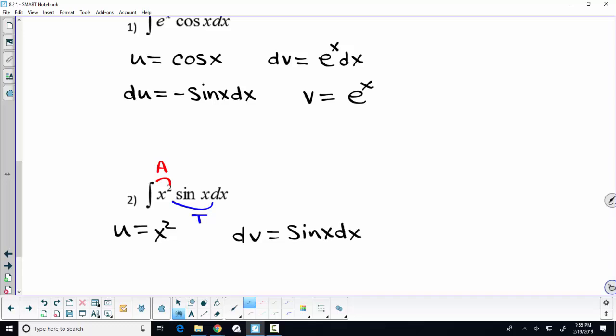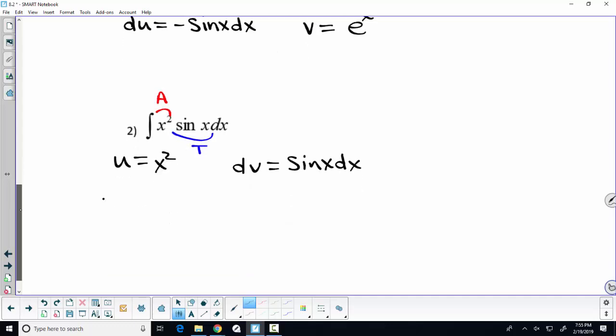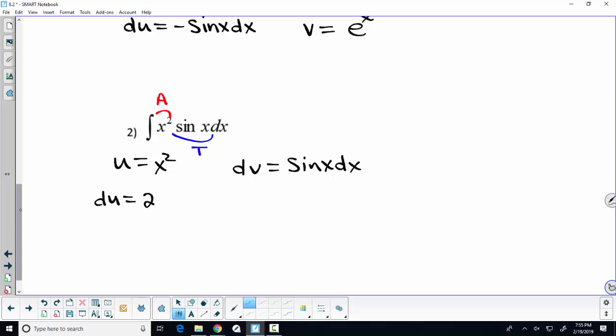The differentials include other differentials, so don't get sloppy with your notation. Don't say dv is sine of x, because then you're missing that piece dx that was in the original integral. All right? So that means du is the derivative of u, 2x dx, and v is the antiderivative of dv. So that's how we set that up, and then we do uv minus the integral of v du.